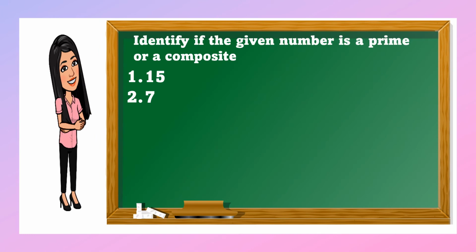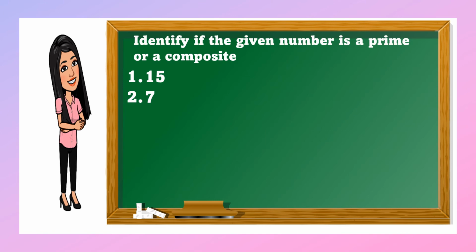A while ago, we learned the word factors, the meaning of factors, and an example of factors. Now, let us answer this one. Identify if the given number is a prime or a composite. Again, what do you mean by prime? Yes, it has one and itself as factors.